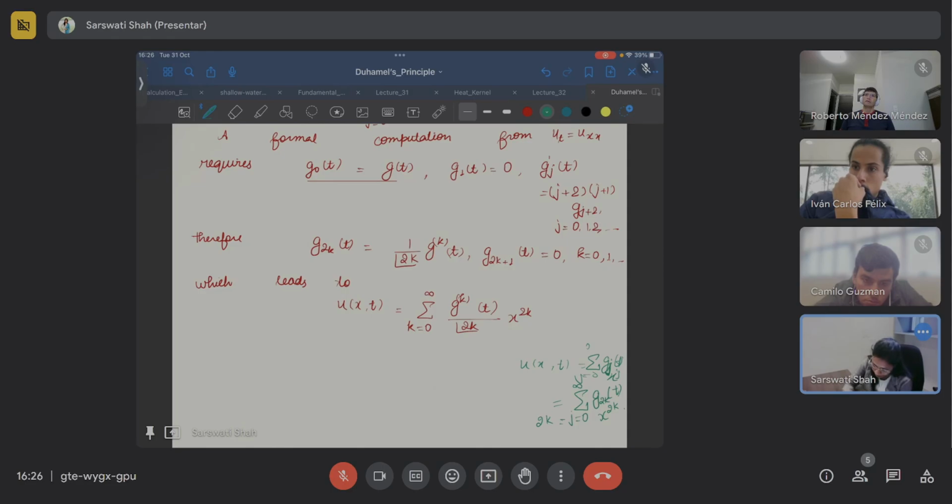We take k varying from 0 to infinity, and in place of g_{2k}(t) we use this, because for the odd terms it gives us 0, however for the even terms it is this function.